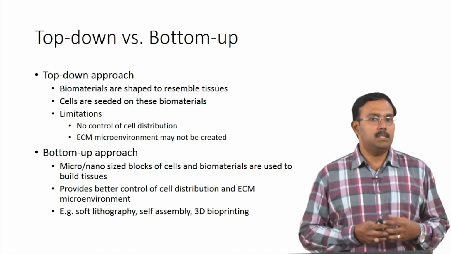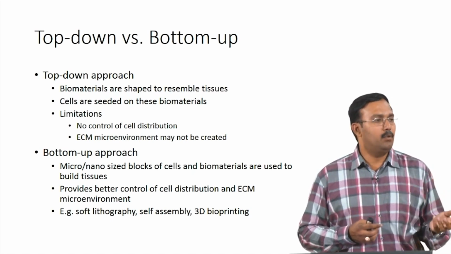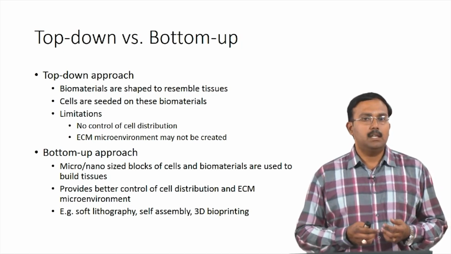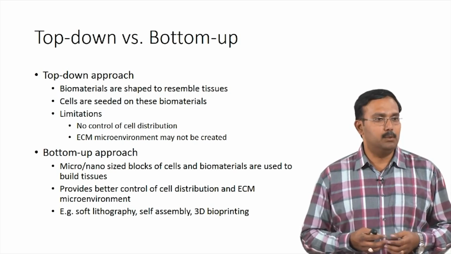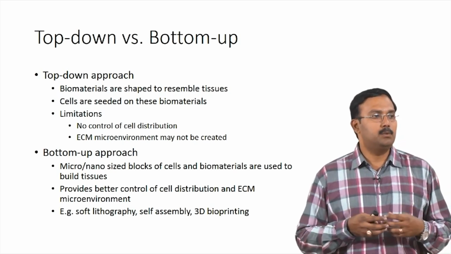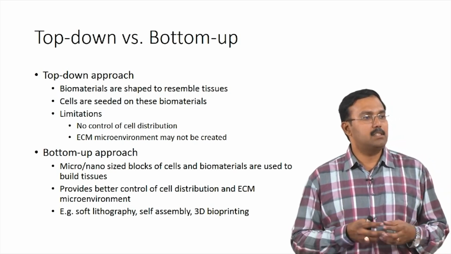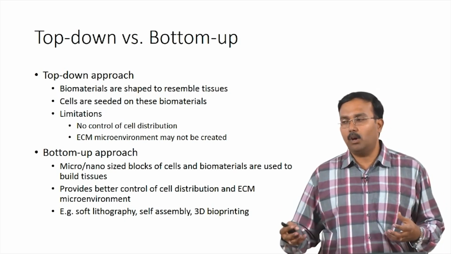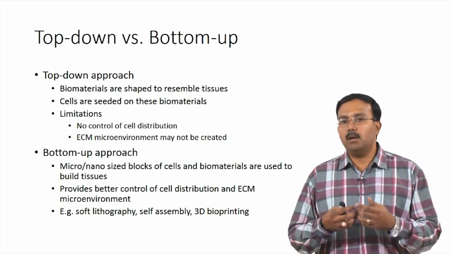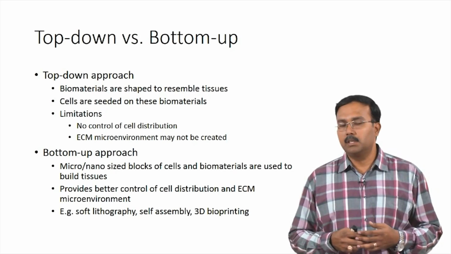The problem with this is you do not have control over how the cells are distributed, and the ECM microenvironment may not be created. If you were to culture the cells along with the ECM being formed, then there might be restructuring and remodeling of the ECM, which might not be present in a top down approach.